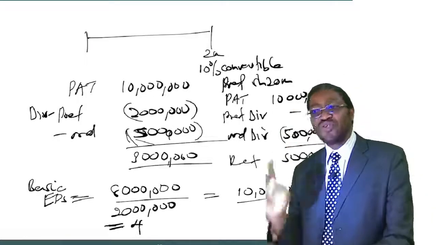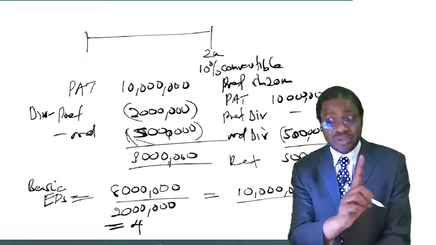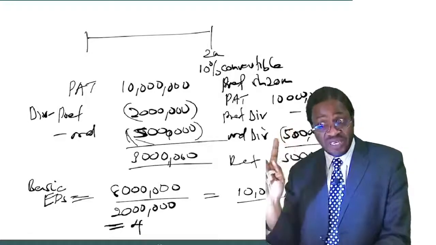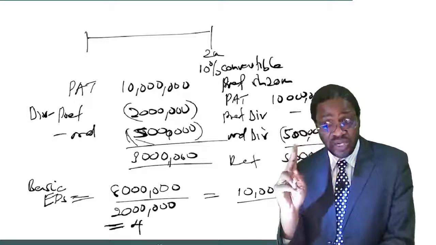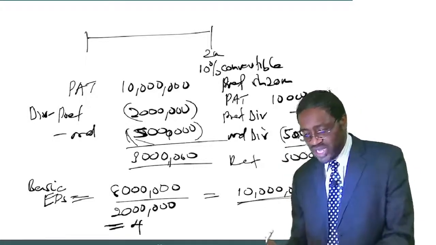So you add to the 8 million the preference dividend, which is how much in our case? 2 million. Good. That gives you 10.